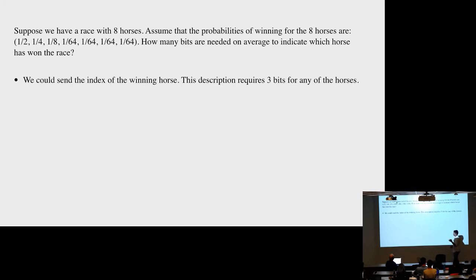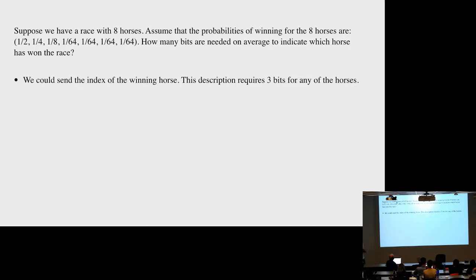And the question is, now imagine we have many, many races. In the infinite limit, how should we encode the winner, knowing that some of them are going to win more than others? So we have 8 horses. If we want to encode 8 objects, we can only use 3 bits.